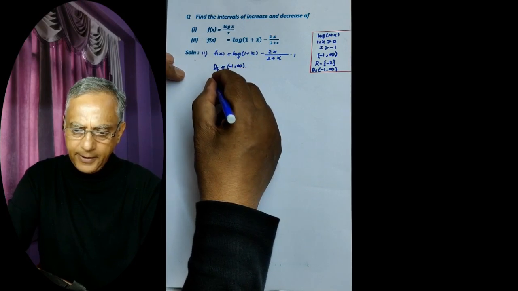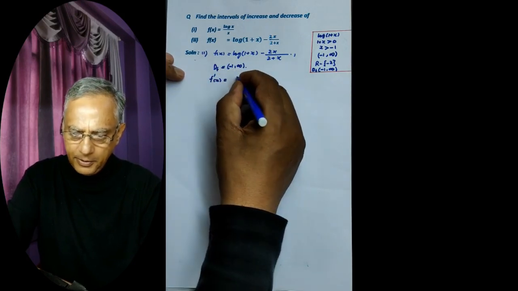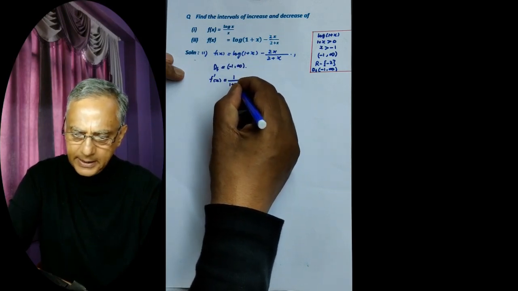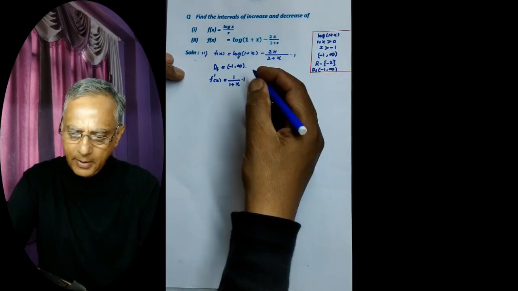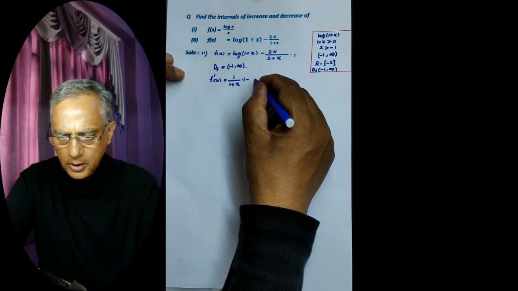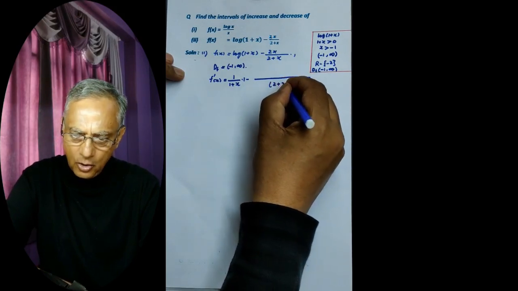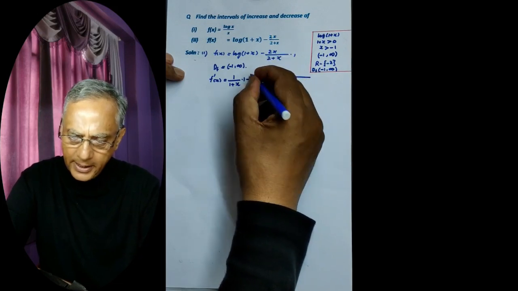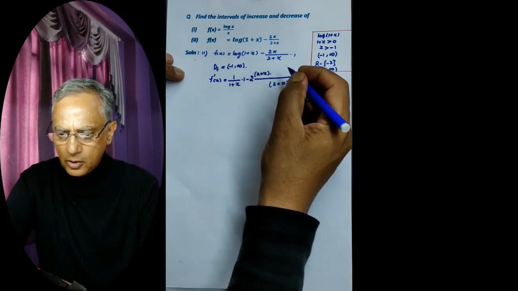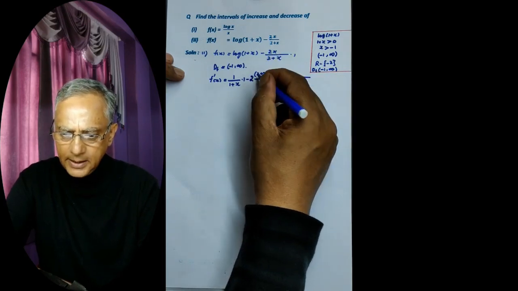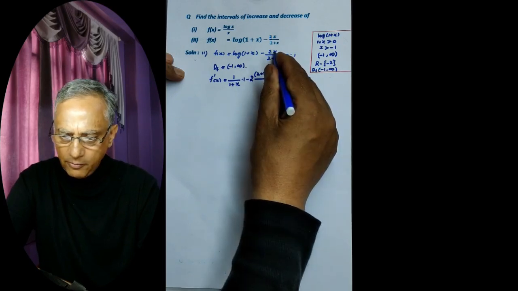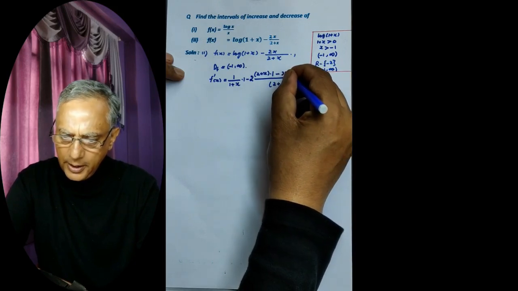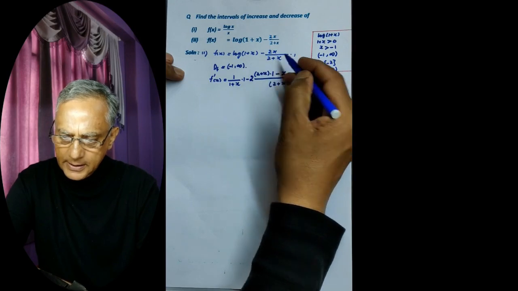Now we find f'(x). The differential of log x is 1 by x. So the differential of log(1 plus x) is 1 over (1 plus x) into the differential of the inner function, which is 1, minus, here we will use the quotient rule: (g(x) f'(x) minus f(x) g'(x)) over g(x) whole square. 2 I am taking common. f(x) is x, so differential is 1, minus x into g'(x), which is 1.